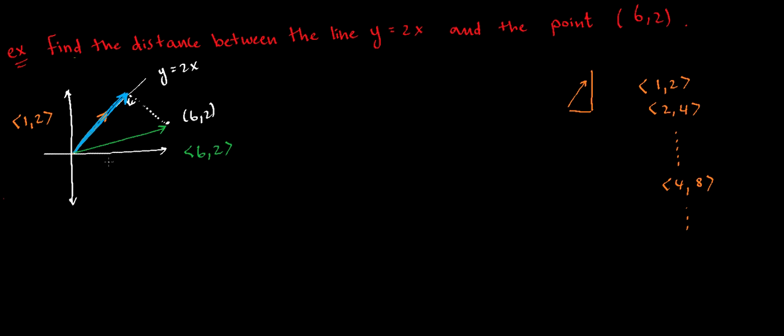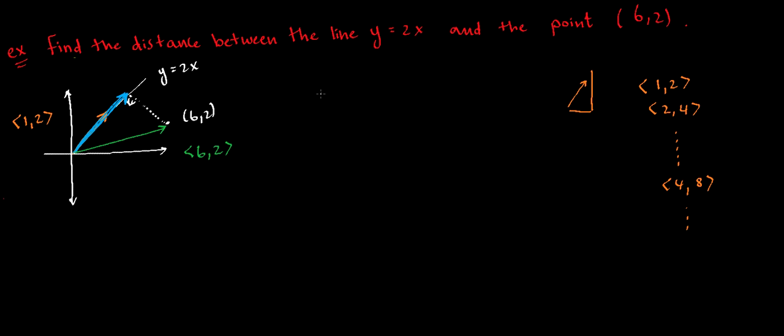Okay, so I created a vector from the origin to this point. I created a vector that lies on the line y equals 2x. Then I'm going to project this vector onto this vector over here to find the blue vector that will tell me the coordinates of this point.